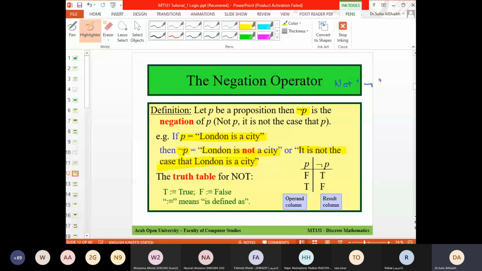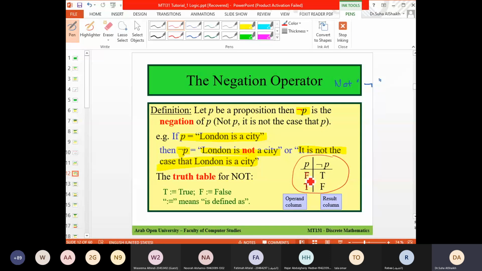In one proposition. Now we have what we call the truth table. The truth table means showing me all the possible outcomes that we have. The statement P can be false, look at the table here. P can be false and can be true. I don't have any other option, right? It's either false or true.